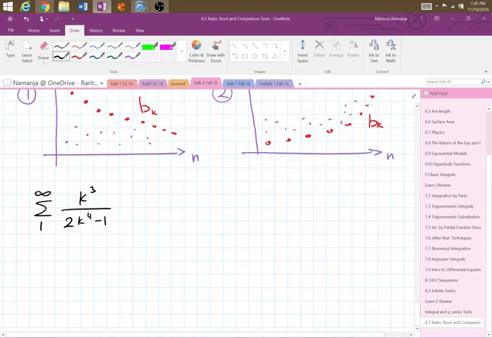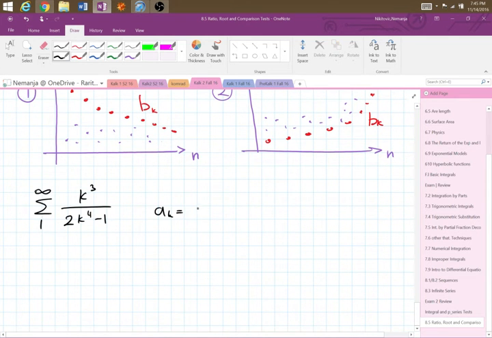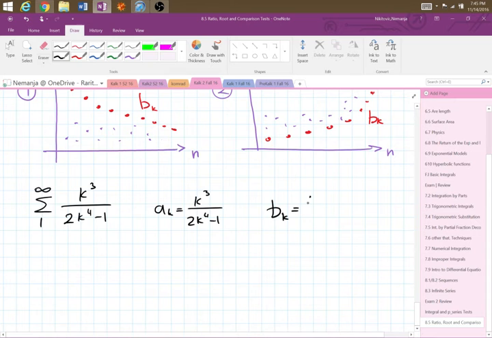That sounds awfully like 1 over k. So you know that AK is exactly k cubed over 2k to the 4th minus 1, and you come up with BK as 1 over k, whose sum by the P-series diverges.